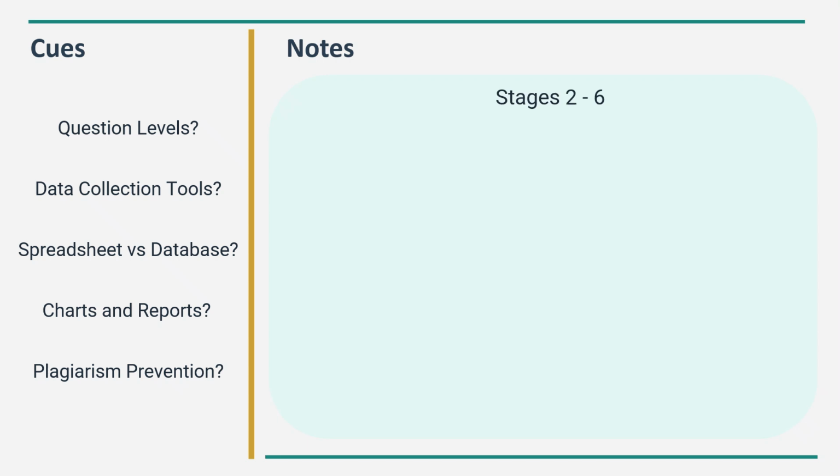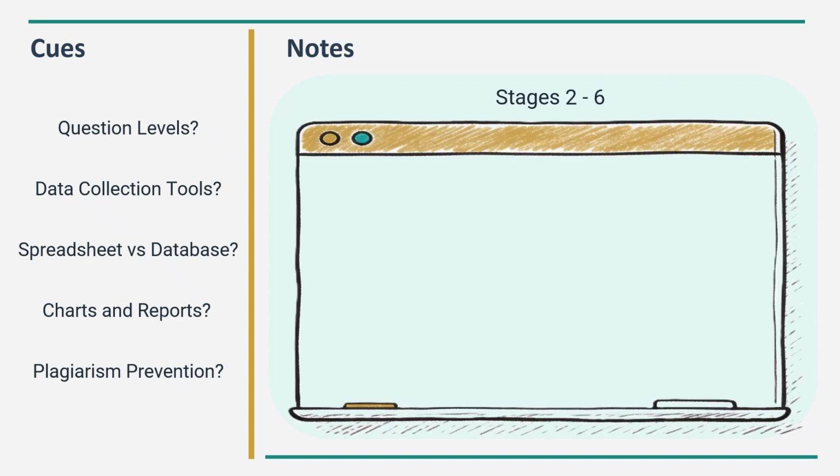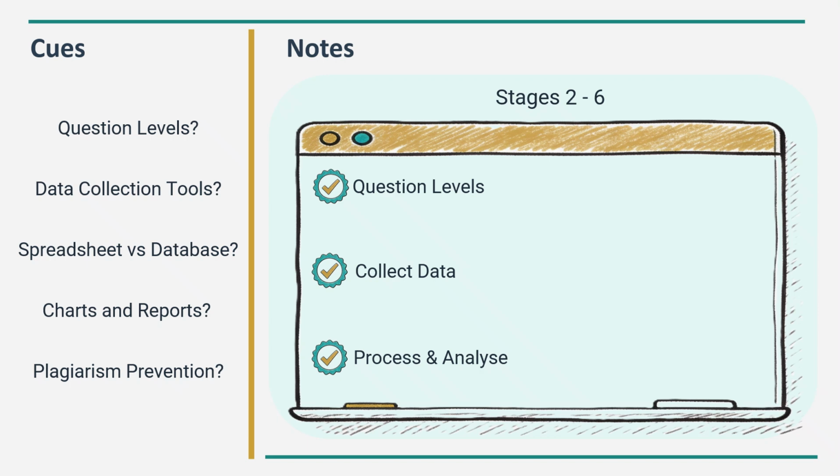Let's quickly preview the remaining stages. In stage 2, you plan questions at different levels to add depth to your research, and then you find information or websites or other sources to answer them. In stage 3, you collect data using electronic forms, surveys, or interviews. In stage 4, you process and analyze that data using spreadsheet functions and charts for simpler data sets, or database queries and reports for more complex data.